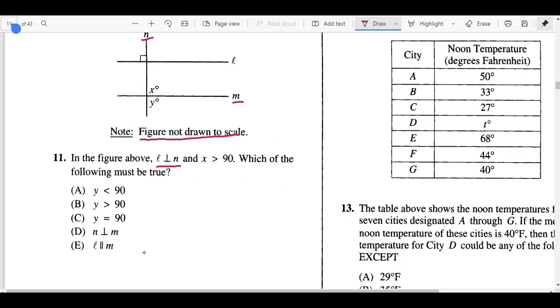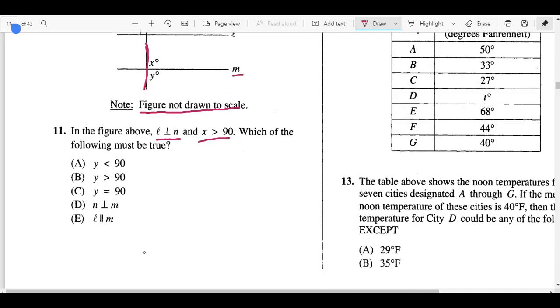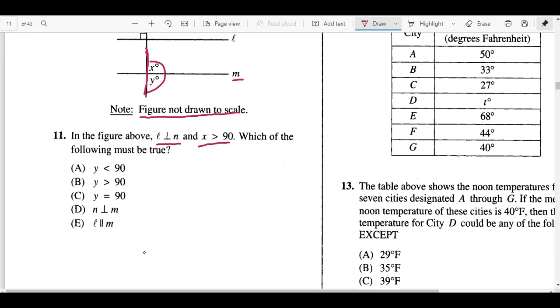And they're saying that X is greater than 90. Now this is a line. If angle X is greater than 90, we know that the sum of angles on a straight line is 180, right? So if the sum of angles is 180 and X is greater than 90, it means that Y would be less than 90, right, Ishal? Yes, ma'am. So A is the answer.